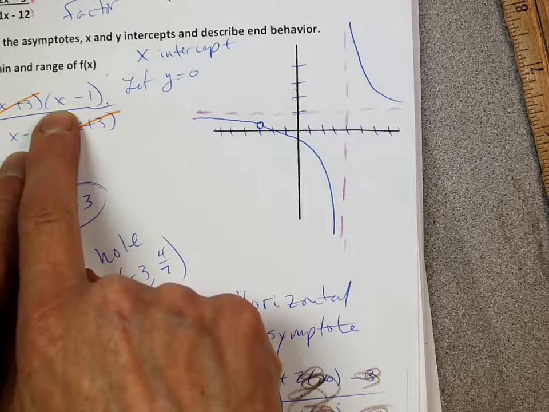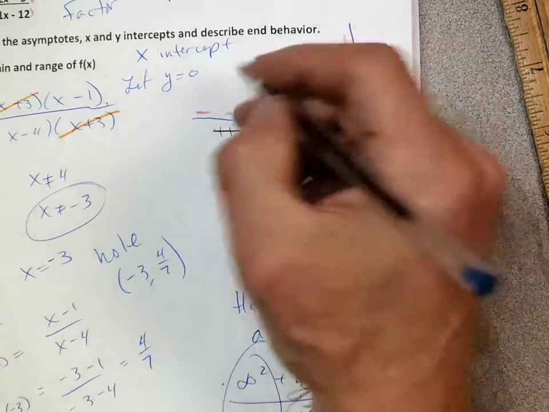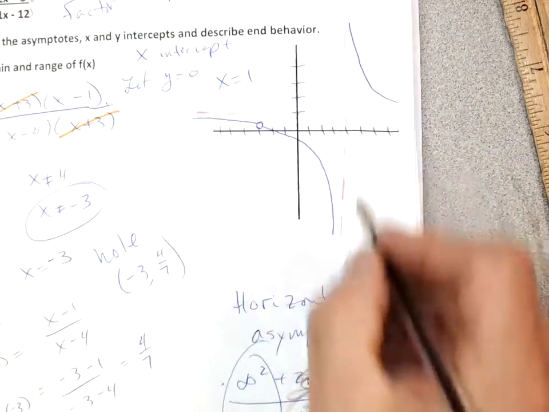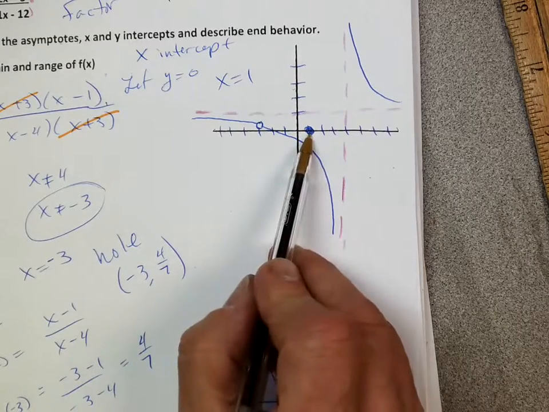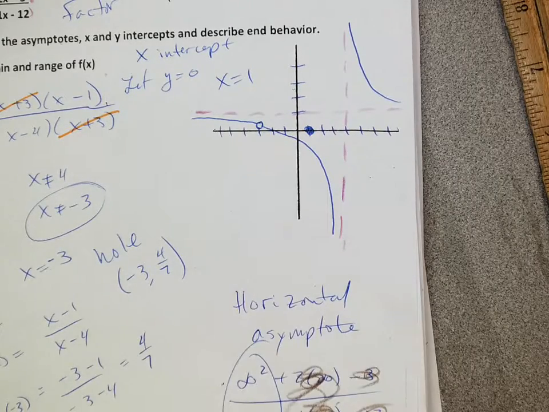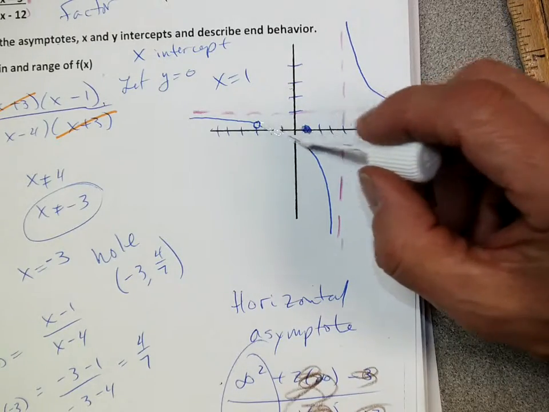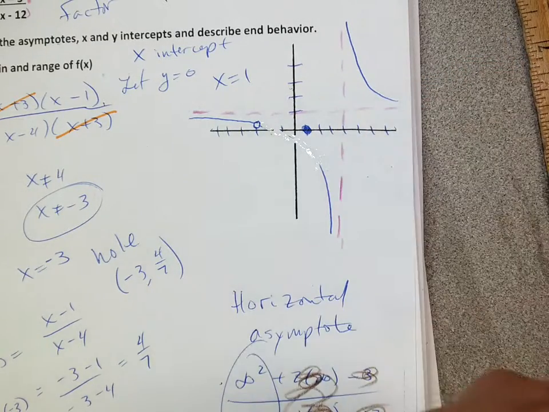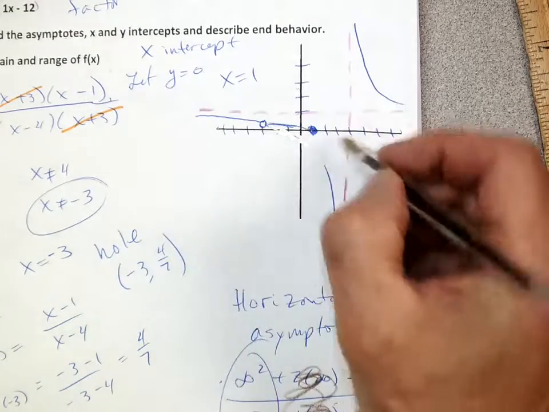So if x equals 1, I'm way off on my graph. It should be there, right? See how far off my x-intercept should be here. Let me get my white out and redraw this a little bit better. All right. So my x-intercept is right there.